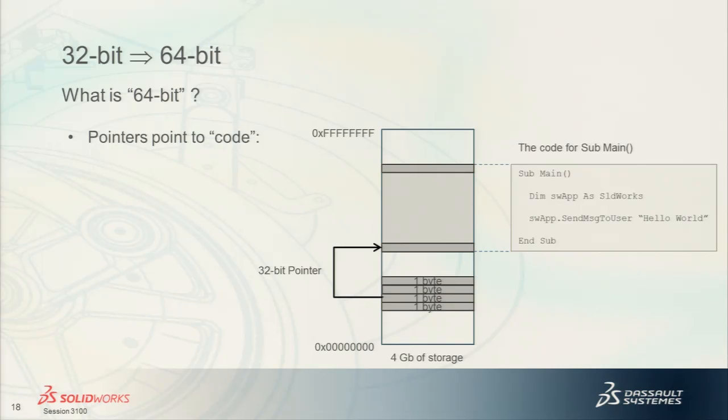Here is the simplest macro in SolidWorks you can think of. It's like the hello world of VBA in SolidWorks. But those lines of code, your VBA code, have to live somewhere in memory. And we can take the address and say, okay, at this address lives a function, and we can pass that around and execute it, or let other people execute it for us.